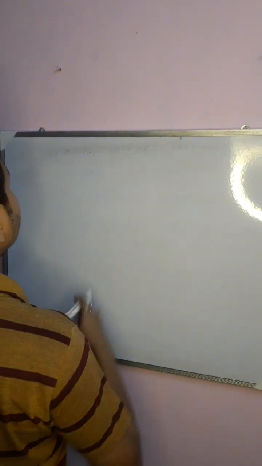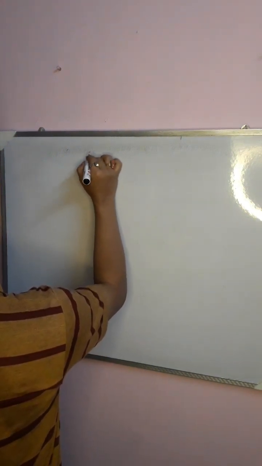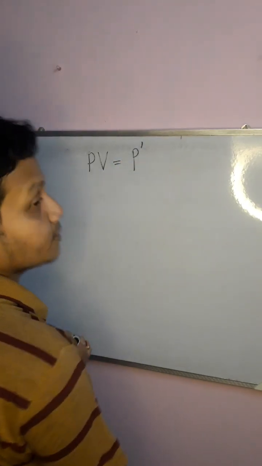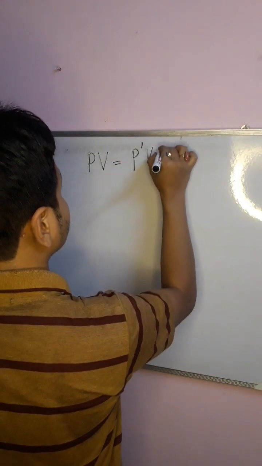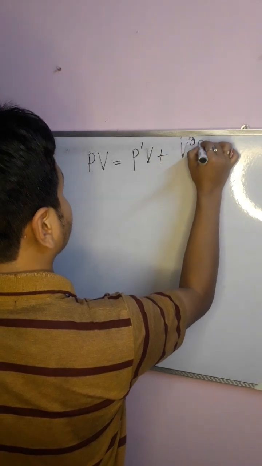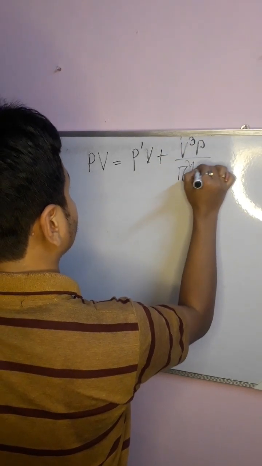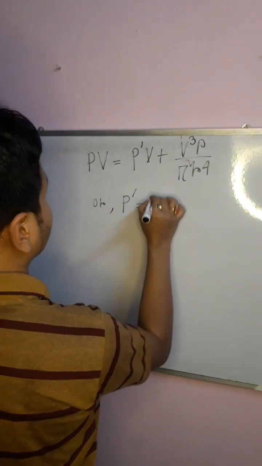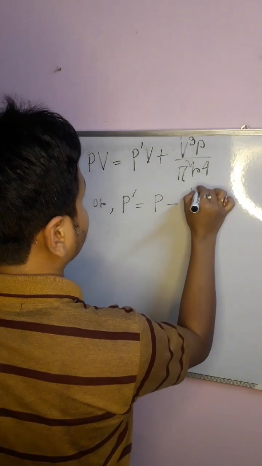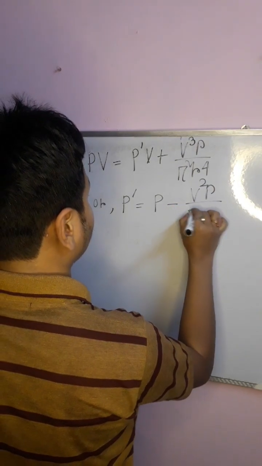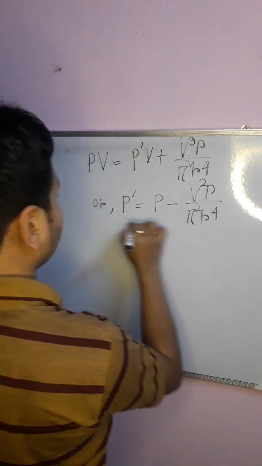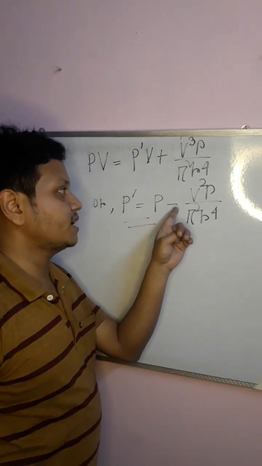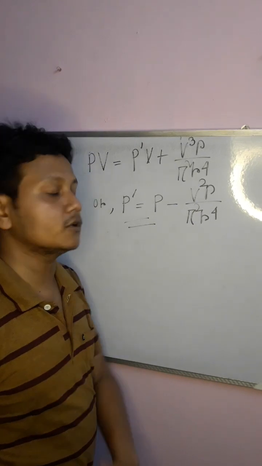Now this is the total energy, and if P dash be the effective pressure that overcomes the viscous force, this plus the kinetic energy. So from this we can write P dash equals P minus V square rho by pi square r to the power 4. So instead of P we have to substitute P minus V square rho by pi square r to the power 4.